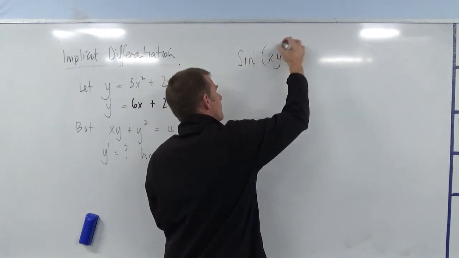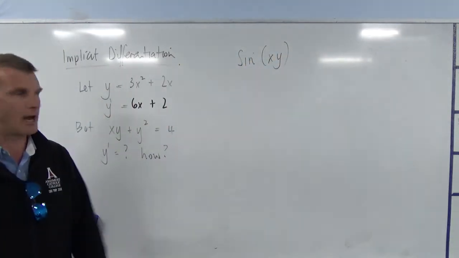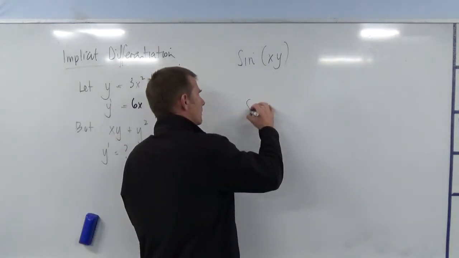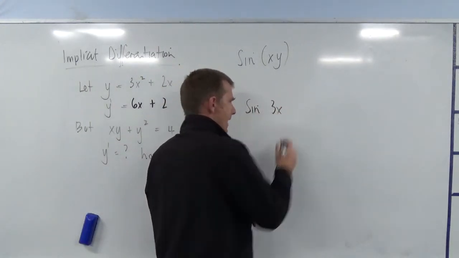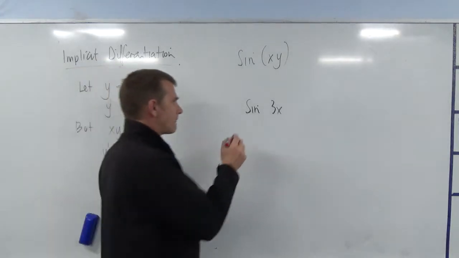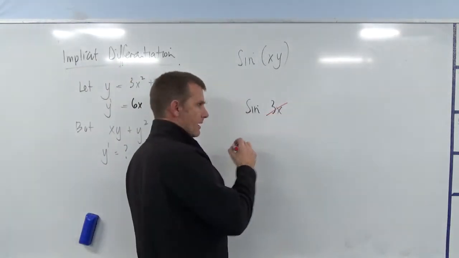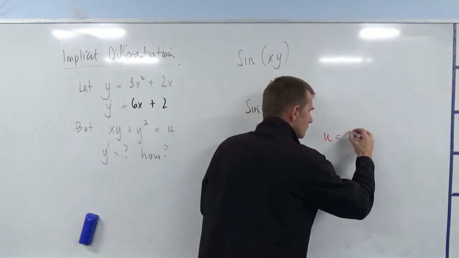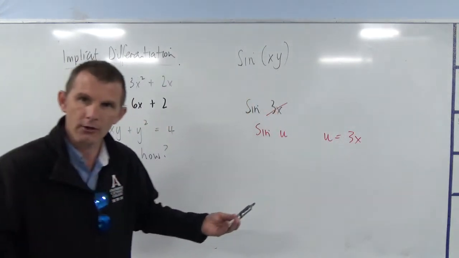Sine of xy. Differentiate. Well, okay, let's stop and think. If I had sine of 3x, then I'd have to see this not as sine of 3x, but sine of u, and u equals 3x. It's chain rule, isn't it?